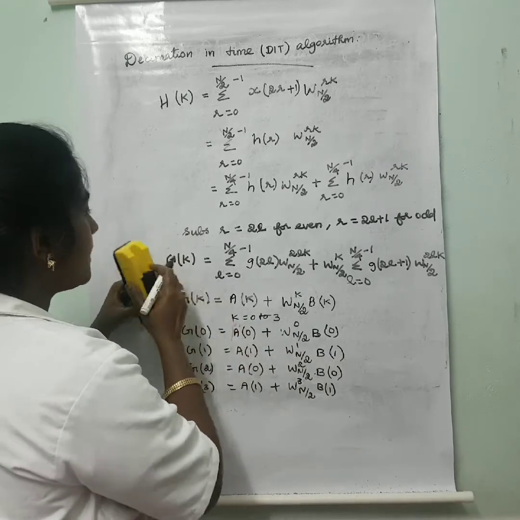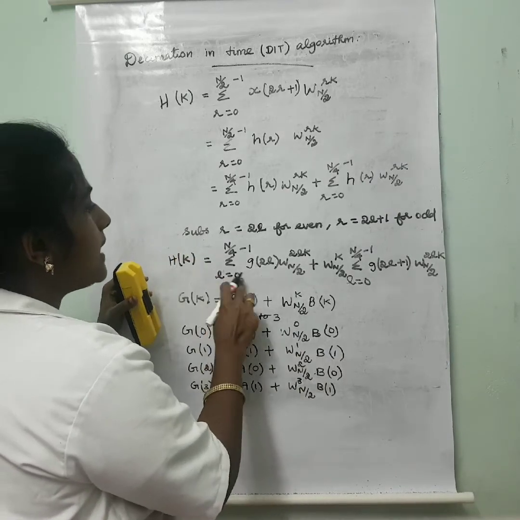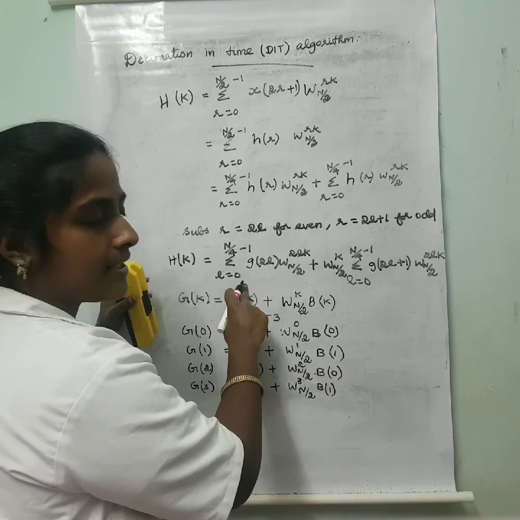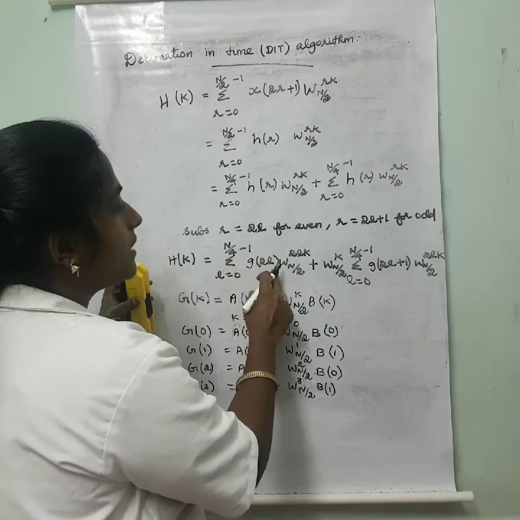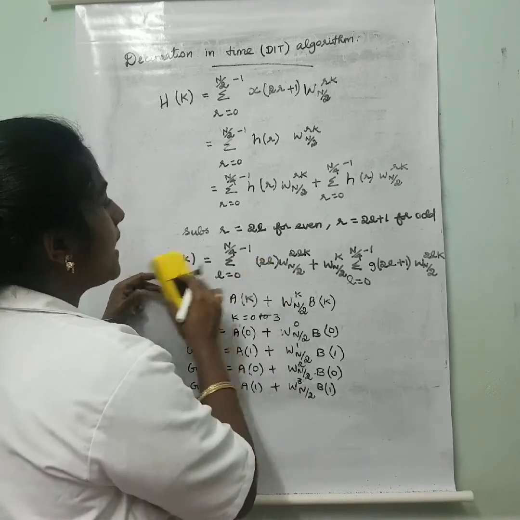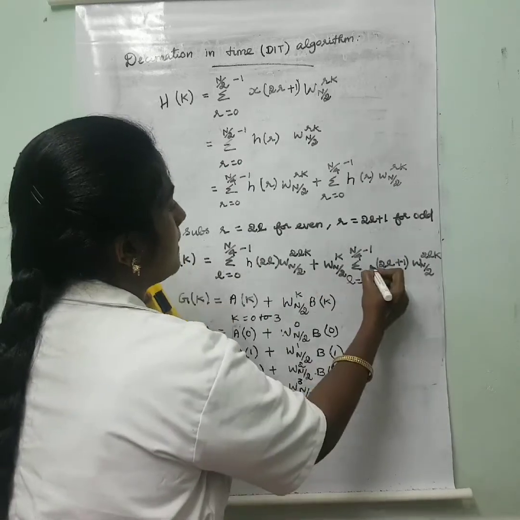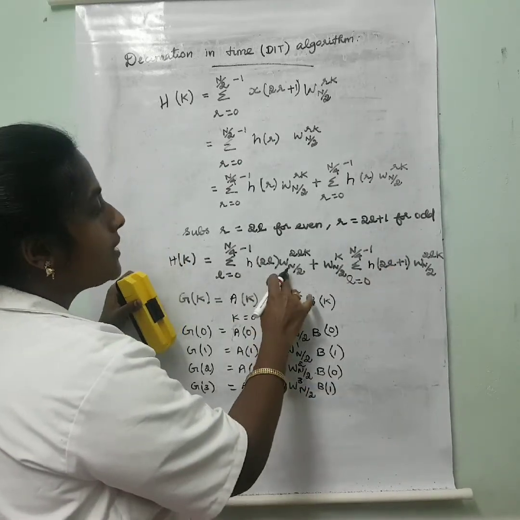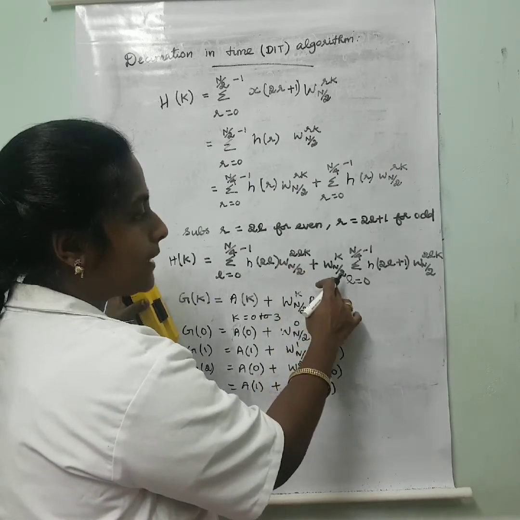So, H of k is equal to summation l equal to 0 to N by 4 minus 1 of h of 2l into W N by 2 to the power 2lk plus W N by 2 to the power k.